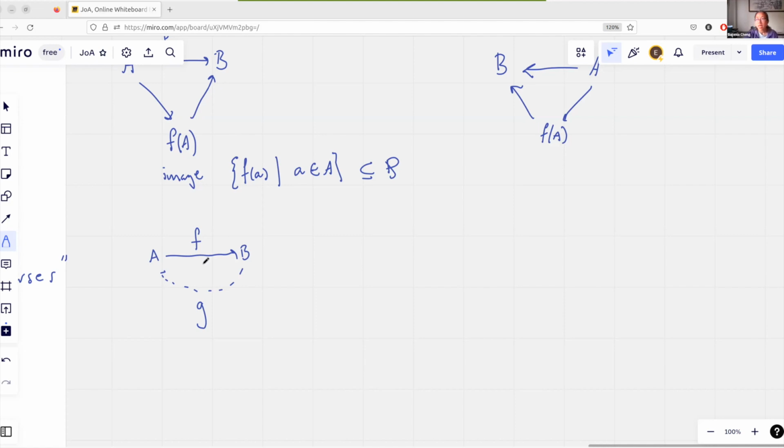And so for me, I suppose monic and epic, I know that they're related to injective and surjective, and injective and surjective have gone deep into my consciousness over the years.